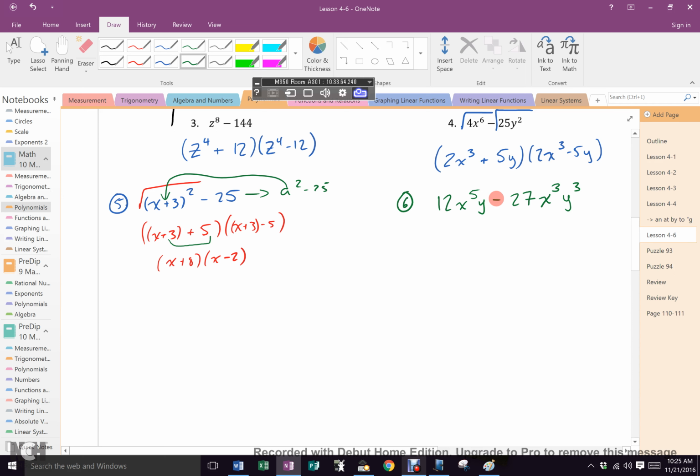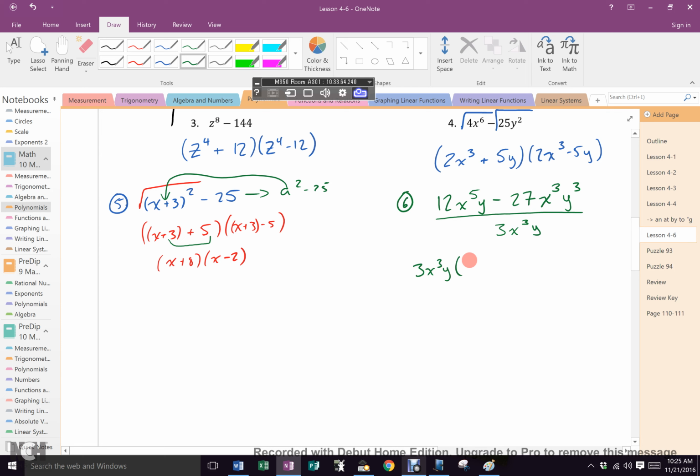What don't you like about it? You see some variables with exponents, subtracting some variables with exponents. But you don't like those first two numbers, so what would you do? Greatest common factor, what is it? 3x cubed y, right? So 3x cubed y.